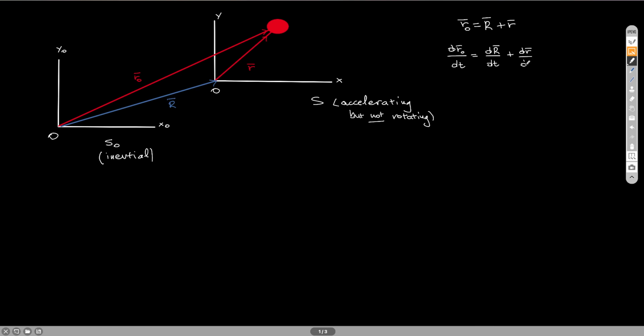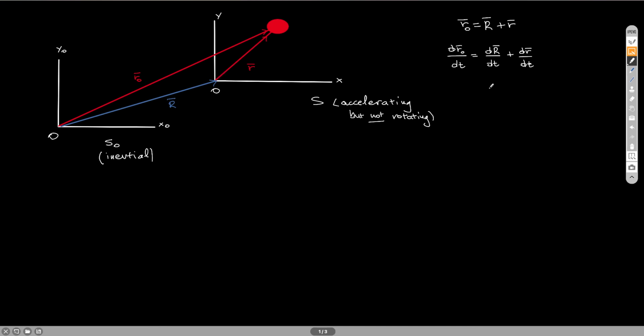And those will represent velocities, but they are different kinds of velocities. So the first one is the velocity of the object with respect to the inertial frame of reference. This one is the velocity of my accelerating frame of reference with respect to the inertial frame of reference. And the dr over dt is the velocity of the object with respect to the accelerating frame of reference.